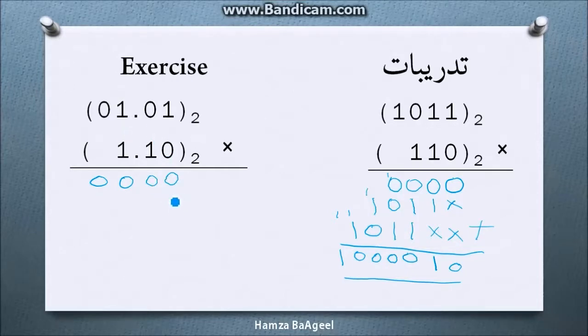Then put cross for the second one. 1 1 is equal 1, 1 0 equal 0, 1 1 equal 1, 1 0 equal 0.